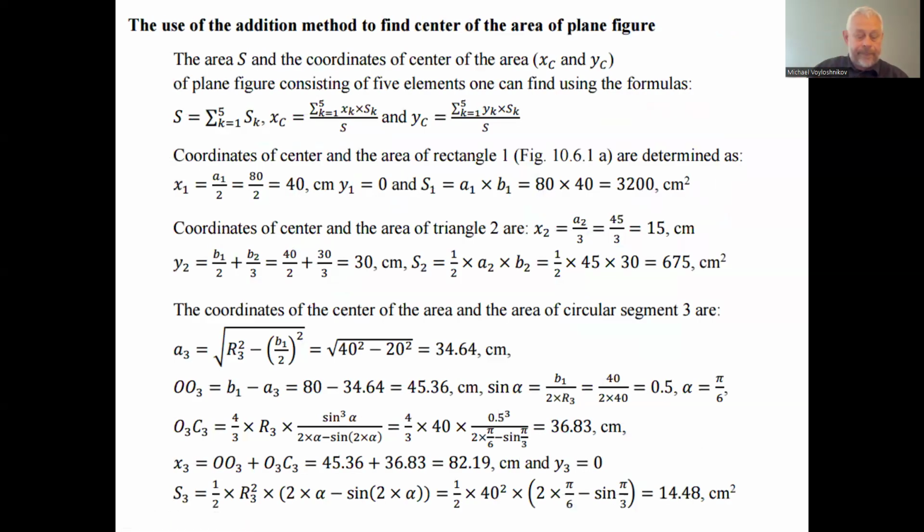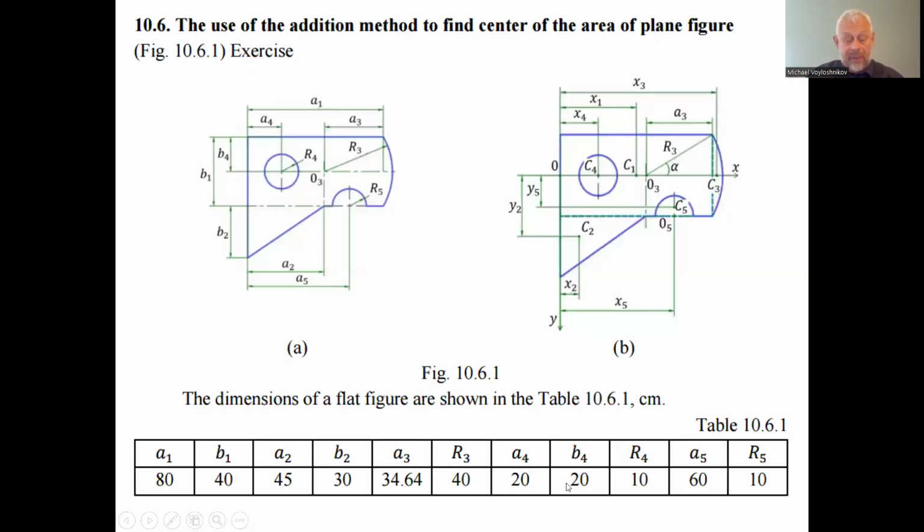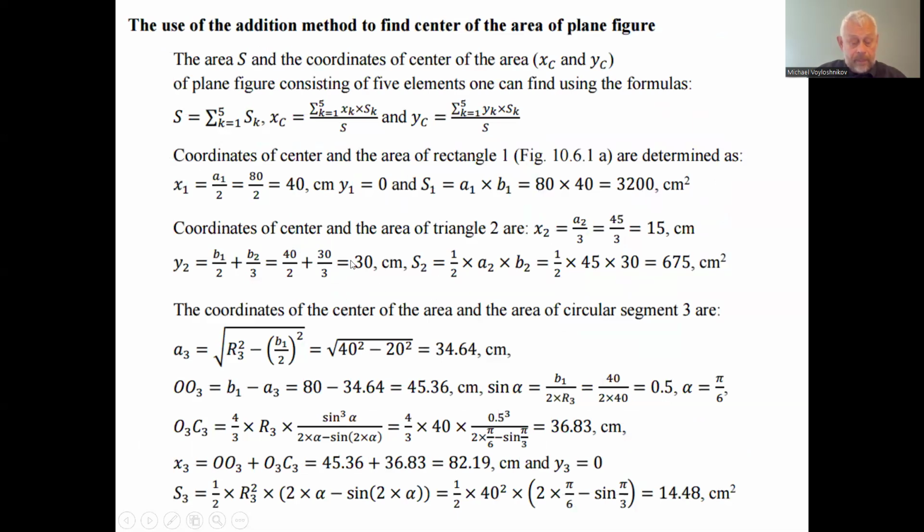Okay, so A3 we found, and we have R3 assigned here. We have A3 assigned the same as R3, because R3 is the hypotenuse of the right angle triangle. So we can find the OO3 size.